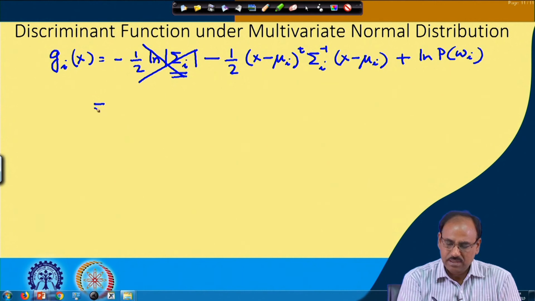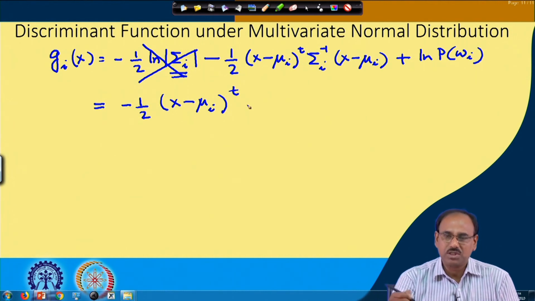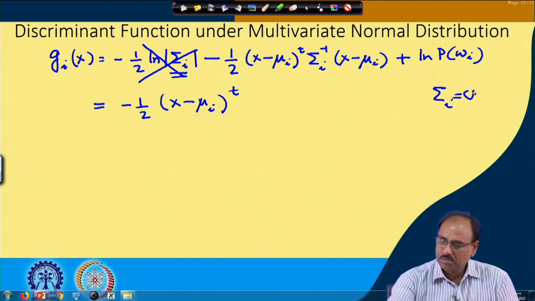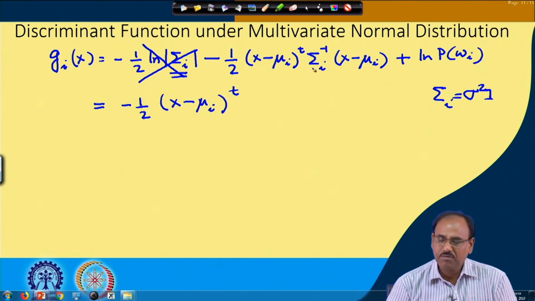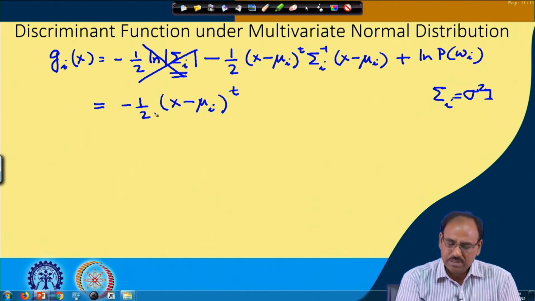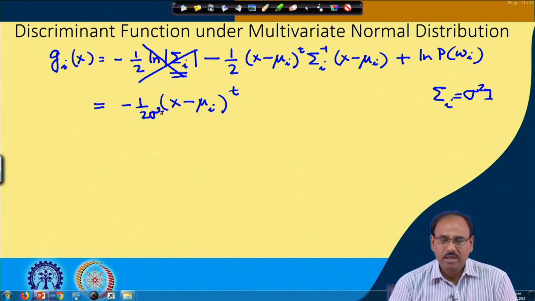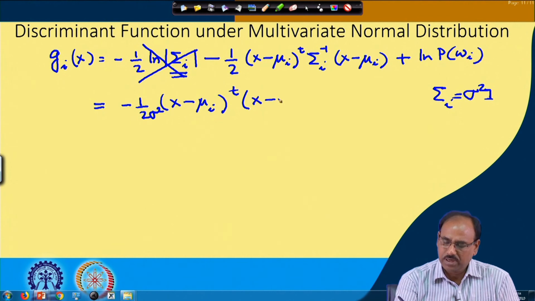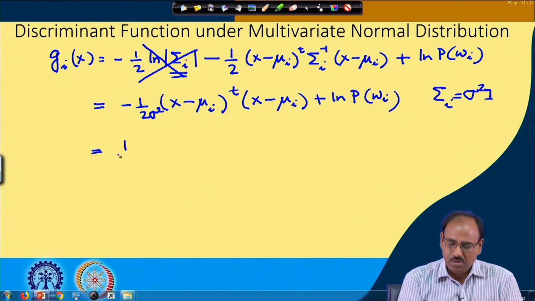So my g_i(x) now simply becomes minus half (x - μ_i)^T Σ_i^{-1} (x - μ_i), and because Σ_i is of the form σ²I, this Σ_i inverse is simply 1 upon σ². So I simply put it as minus 1 upon 2σ² (x - μ_i)^T (x - μ_i) plus log P(ω_i).